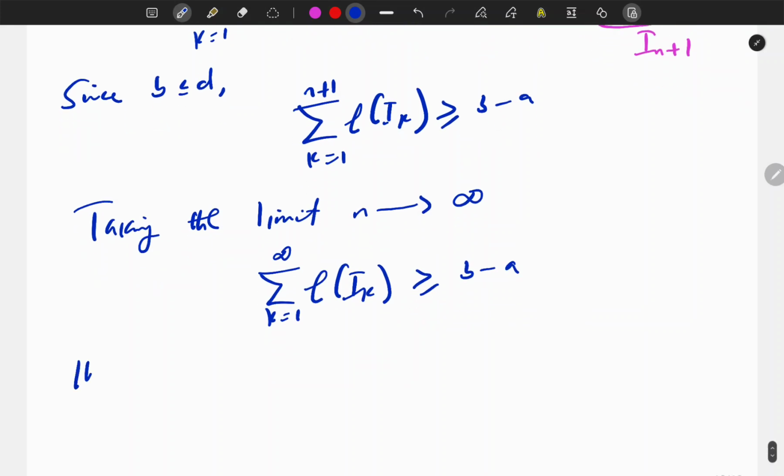So we combine this together, we have the length of a closed bounded interval to be b minus a, and that completes our proof. It's actually a nice proof, but kind of rigorous.